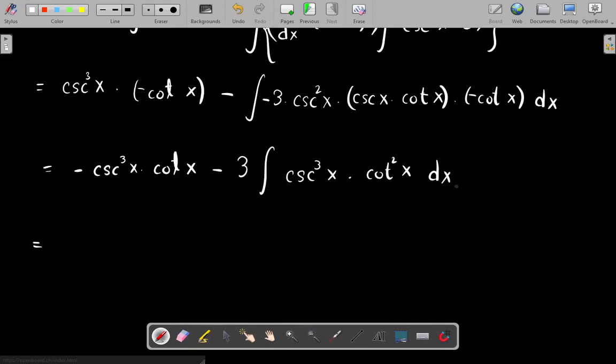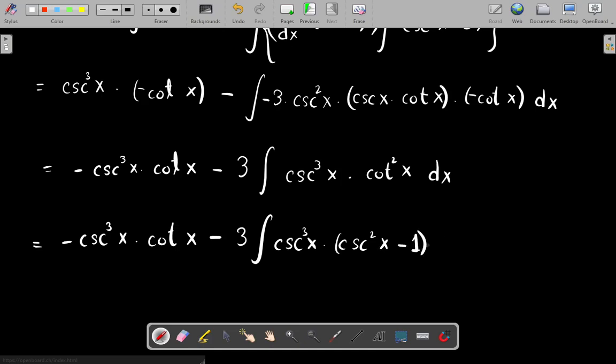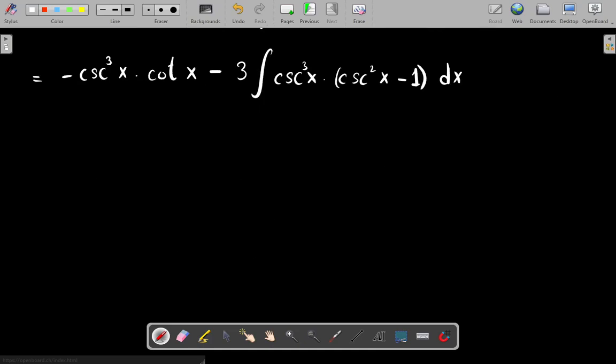So we have minus cosec cube x cot x minus 3 times, this is again cosec cube x, times (cosec square x minus 1). Expanding this bracket, this becomes minus cosec cube x times cot x minus 3 times cosec to the power 5x plus 3 times cosec cube x.